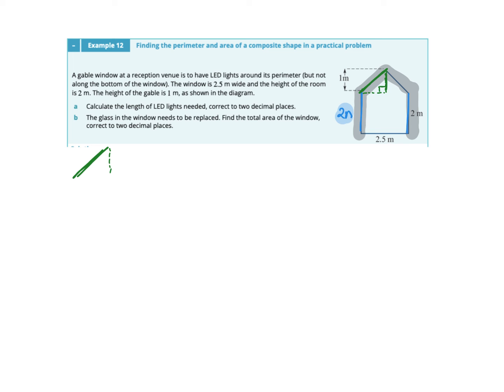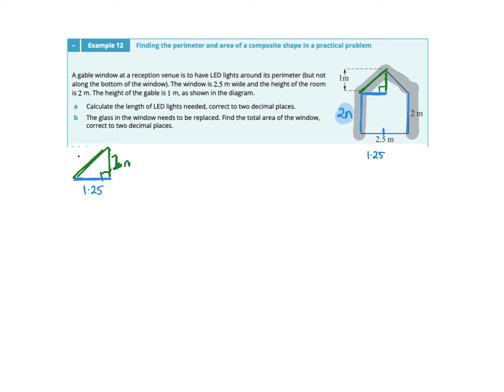So what's 1 meter. Yeah, good. So this is the 1 meter. Okay, and we need to know now, what about this length here? What would that be? That's along here. Why is it 1.25? Good, because it's half of that. Okay, so we know that's 1.25.